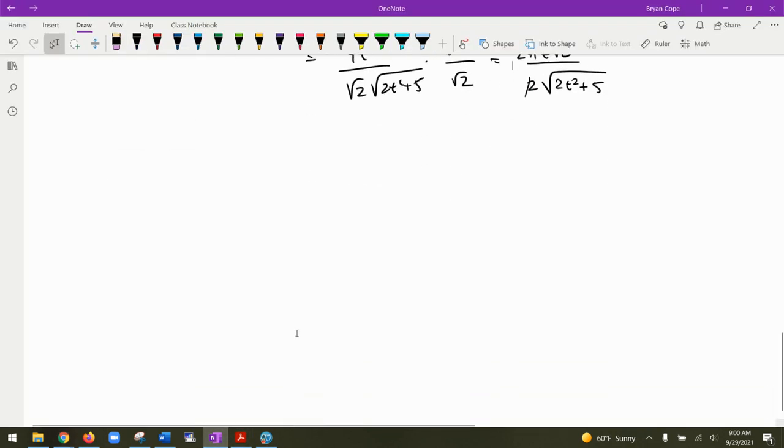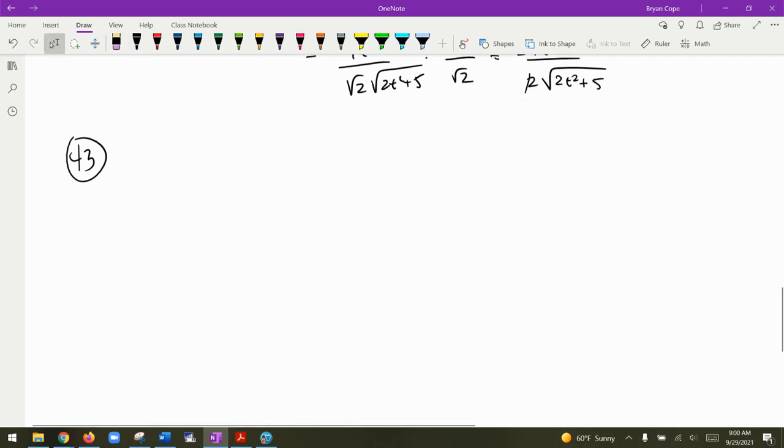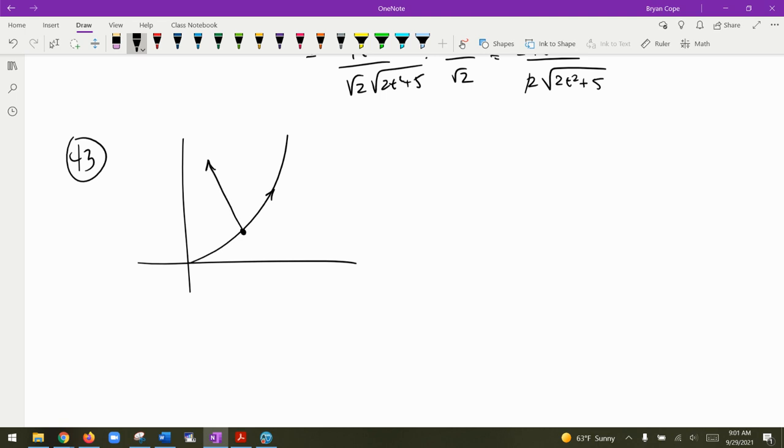Okay, in 43, we're given a sketch. The magnitude of the acceleration vector A is 10 centimeters per second squared. So the sketch looks like this. The curve is going like that, and you've got an acceleration vector pointed like that.